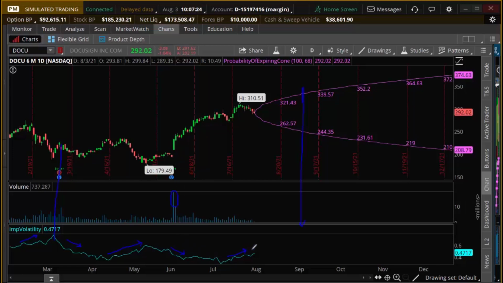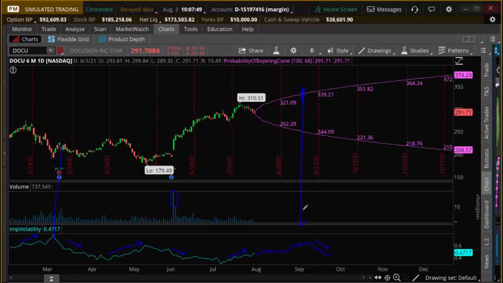Going into earnings, we expect it to rise. I don't know exactly how it'll work, but rise into earnings. When they report earnings, where do we think implied volatility will probably trend thereafter? Down. The unknown becomes known, and the implied volatility drops. Here's where it's important.